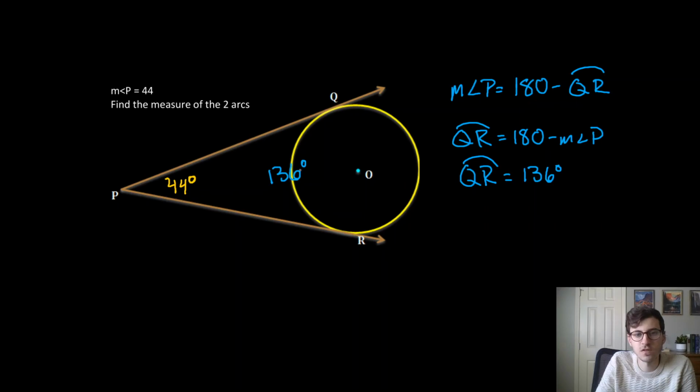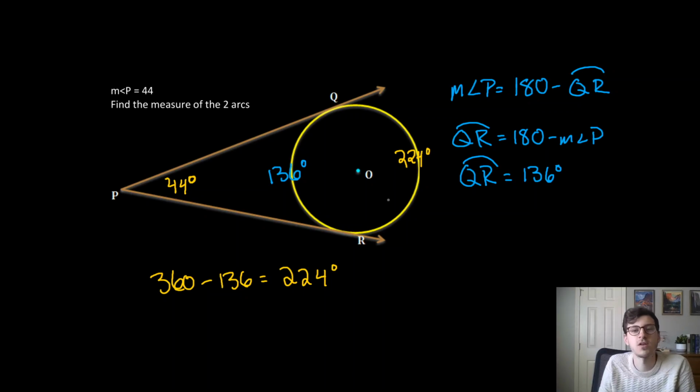If that's 136, well then this is just 360 minus 136, which is 224 degrees. There you have it. That's the measure of the two arcs.